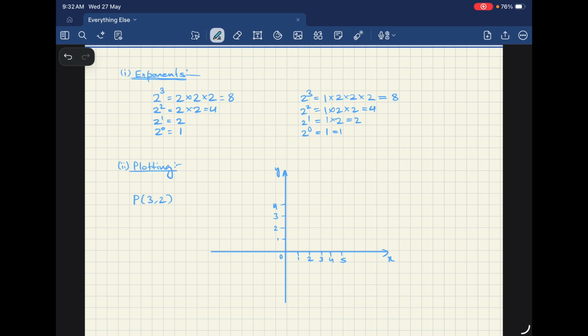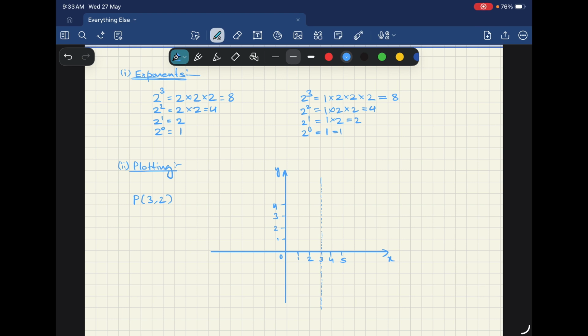And now, let's say here I have x equal to 3. So for x equal to 3, if I draw a line like this, for any point on this line, you will see that the x value is 3 only. So this is the line for x equal to 3. Now similarly, our y value is 2.